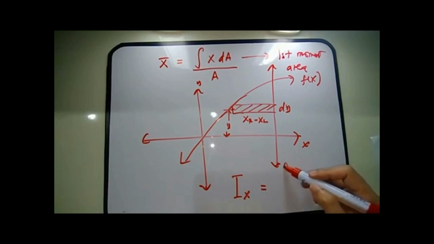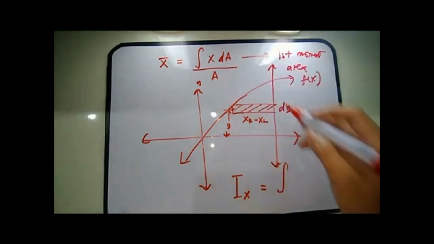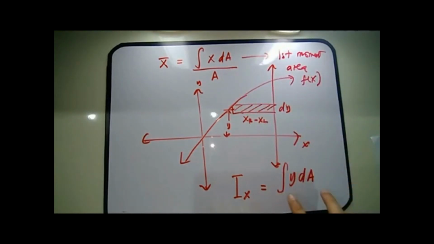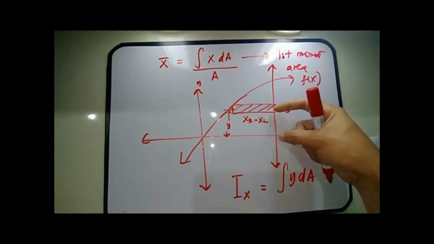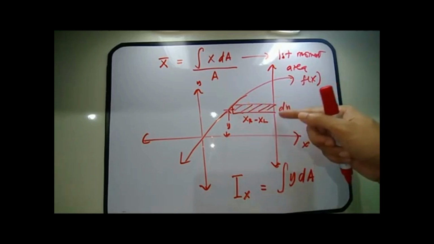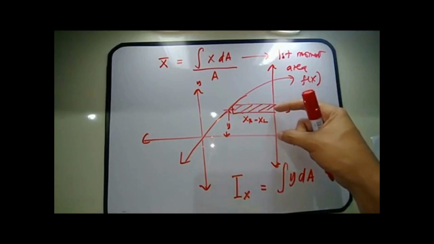Therefore, this will become the integral of, so first moment of area, that is y dA. The first moment, guys, is we just multiply it by the moment arm, which is the distance from the strip to the x-axis, which is y.